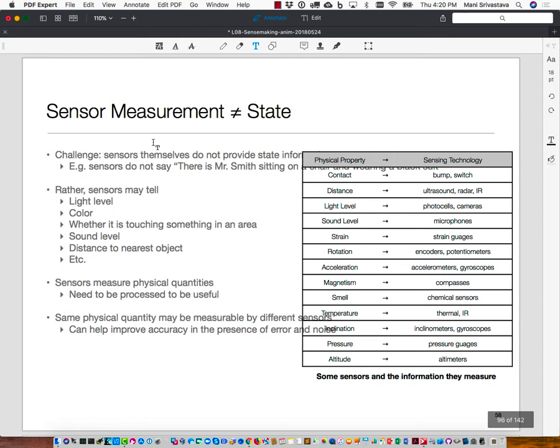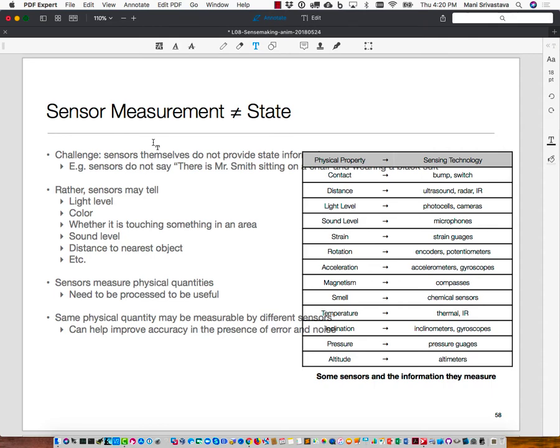So the key point to remember is that the sensor measurement itself is not the state. A sensor measurement tells us about some aspect of the state, and hopefully by looking at the value of that sensor and perhaps some other sensors, you can get an estimate of the state that is of interest to you. So I may be interested in whether a person is sitting on the chair or not.